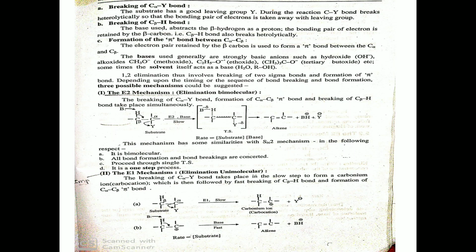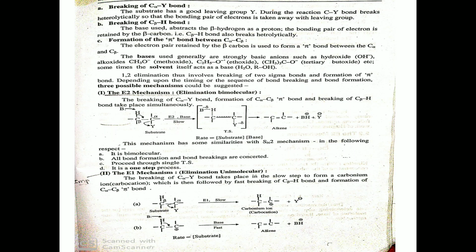First, the base abstracts a proton, then the C alpha-C beta double bond is formed, then Y, the leaving group, is easily removed, and then the transition state is formed. In the transition state, bonds are partially forming and partially breaking. Then the product alkene plus BH plus Y minus, a byproduct, is formed.